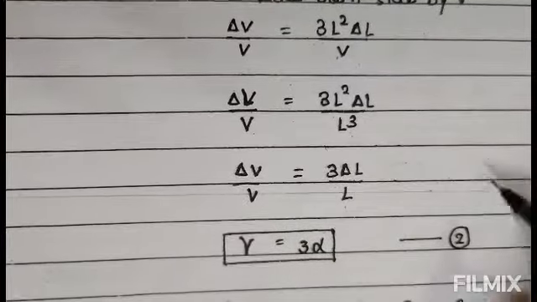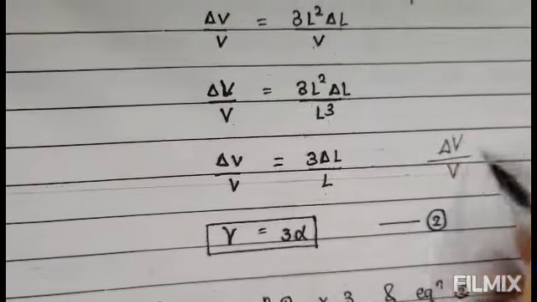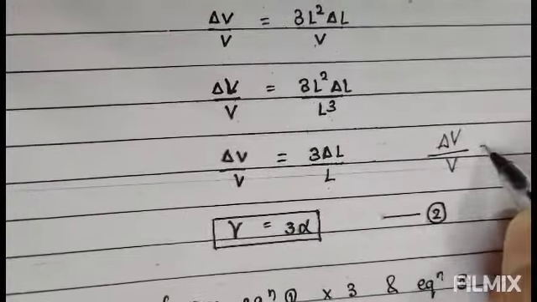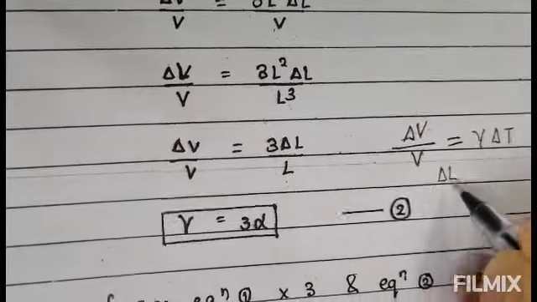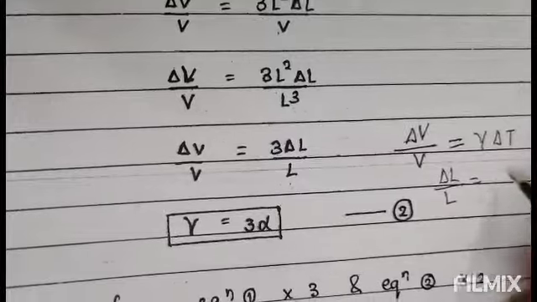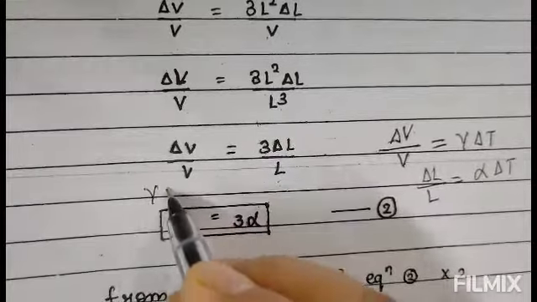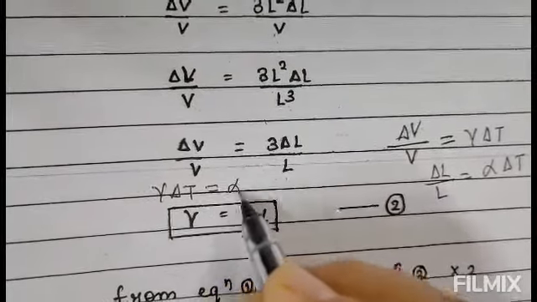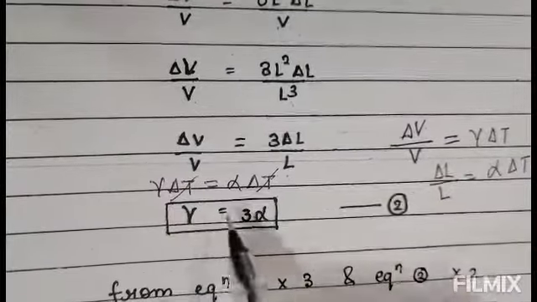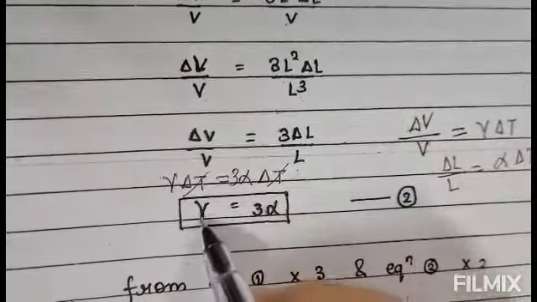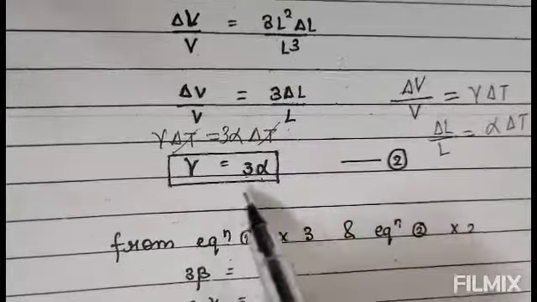We know very well that del V upon V, the fractional change in volume, is directly proportional to the change in temperature, and it is equal to gamma del T. Here del L upon L, the fractional change in length, will give us alpha del T. So when we put the values, gamma del T is equal to 3 alpha del T. Del T would be cancelled, then the remaining is gamma equal to 3 alpha.